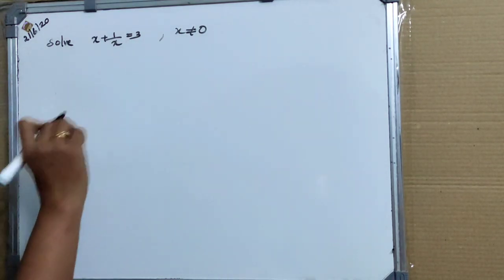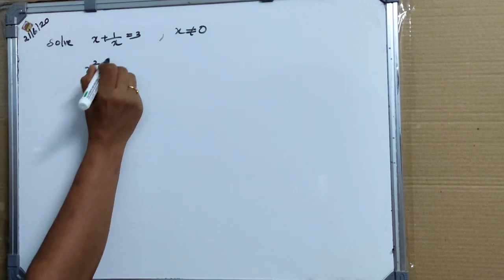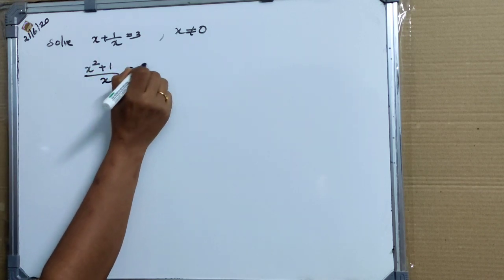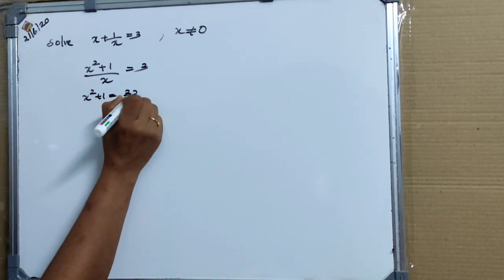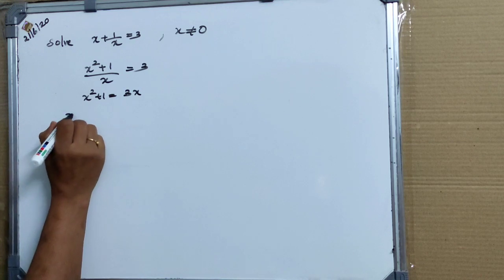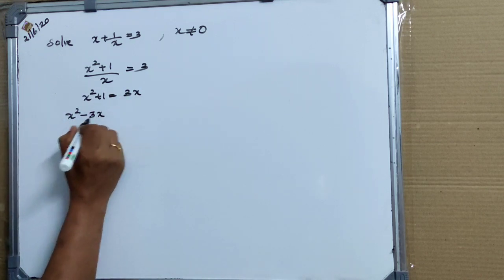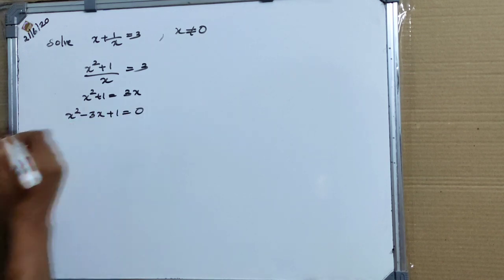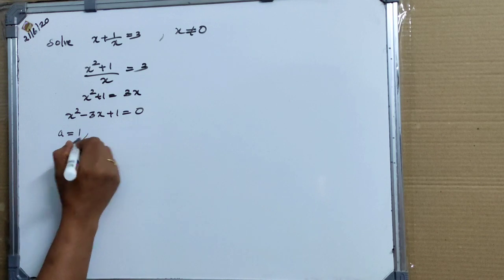So first let us rearrange. Multiplying by x, x square plus 1 equal to 3 into x, 3x. Rearrange: the 3x you bring to the left side. So x square minus 3x plus 1 equal to 0. Now you can write what is a. A, coefficient of x square, is 1.